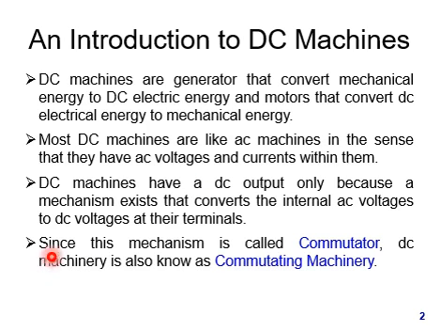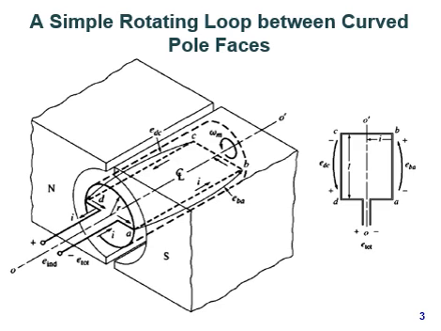Since the mechanism is called a commutator, DC machinery is also known as commutating machinery. Now it can be seen that there are two curved pole faces. This is the curved south pole and this is the curved north pole.